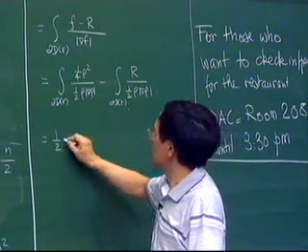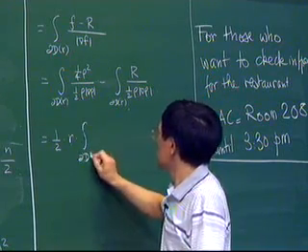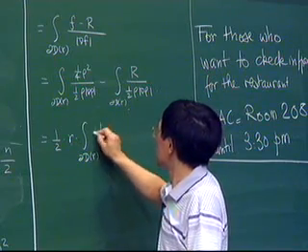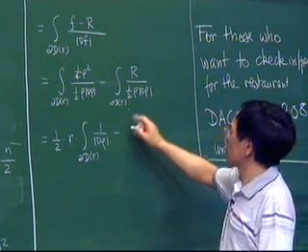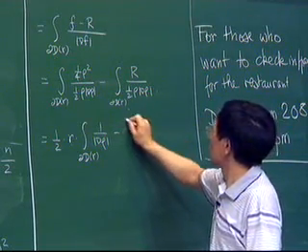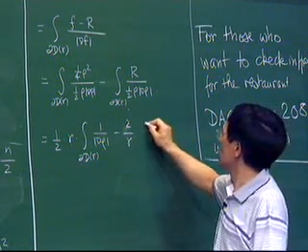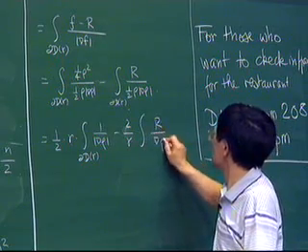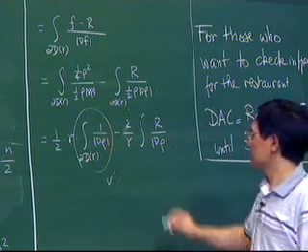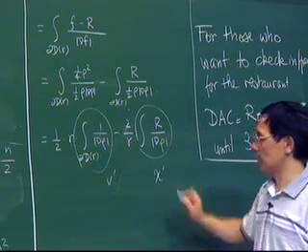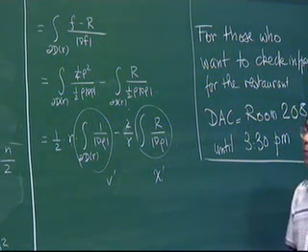Here you cancel one, because on the boundary you have r, so you have 1 over gradient rho minus 2 over r, because rho is equal to r on the boundary. So you have r gradient rho. So this is V prime. Exactly. We have claimed.